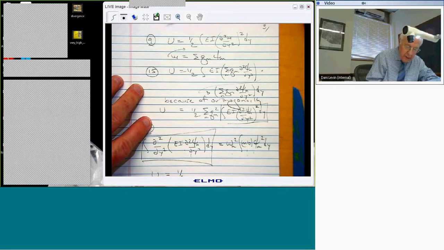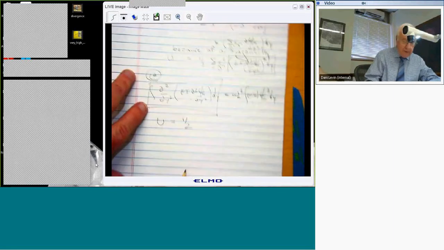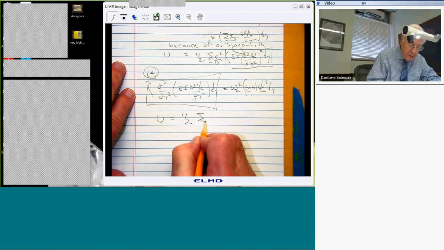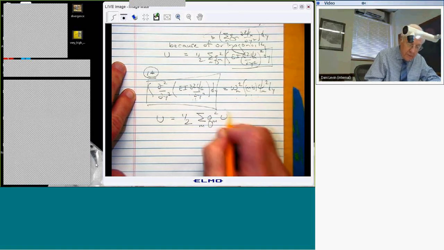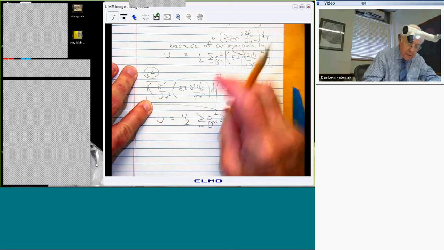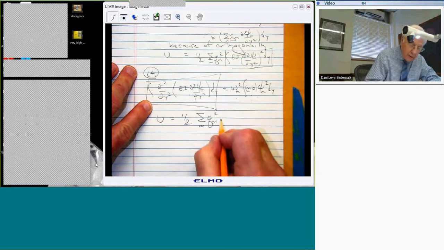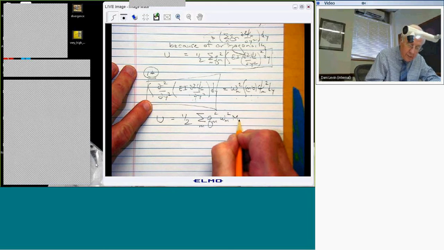of course, it's a 1/2, summation over m, qm squared, omega m squared, m sub m, where this is the generalized mass.